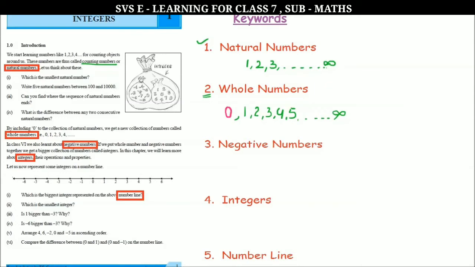As you can see, this set is natural numbers, the same as this. So whole numbers is a set of numbers that begins with 0: 0, 1, 2, 3, 4, 5, 6, and so on until infinity.